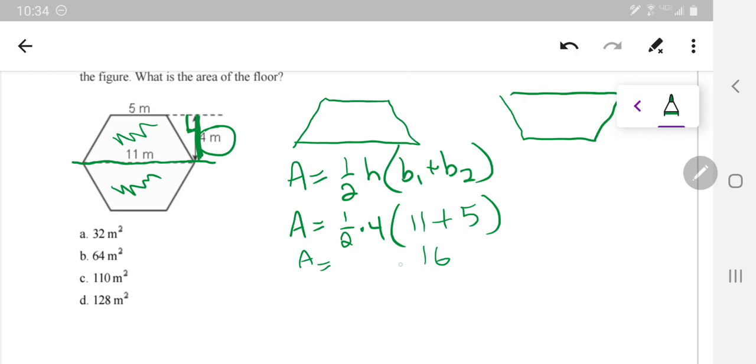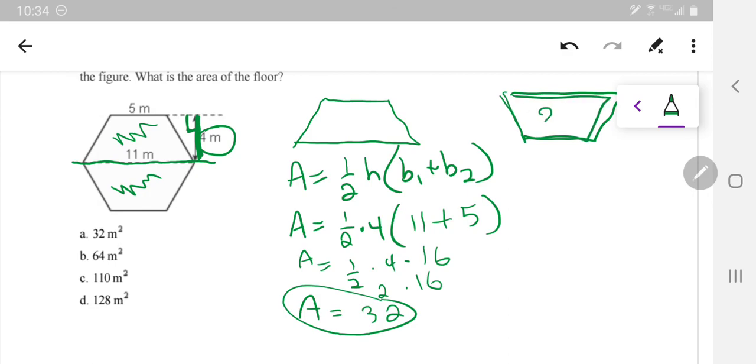So that's going to be 16 times 4 times 1/2. And then we have half of 4 is 2 times 16. So that gives us 32 as our total for that. And then this one up here is going to be also 32 because it's the same thing. So 32 plus 32, or 32 times 2, is 64 meters squared.